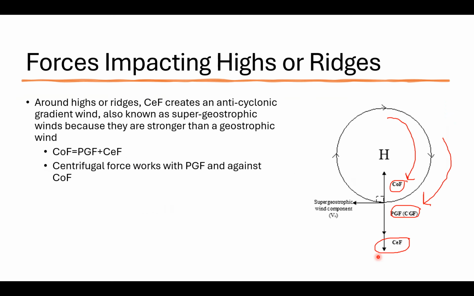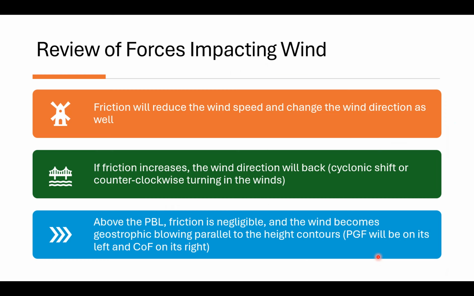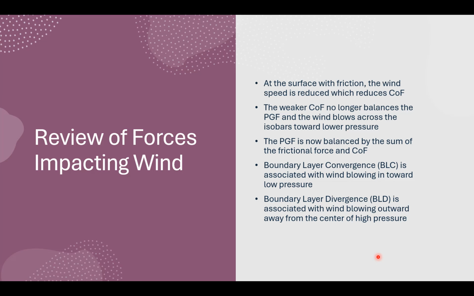And then you have, we talked about friction at the surface within the planetary boundary layer up to 1 kilometer. This friction will oppose motion, slow the wind speed down, and also will act opposite the wind direction. Because of friction, we have the wind that blows from high to low pressure across isobars.